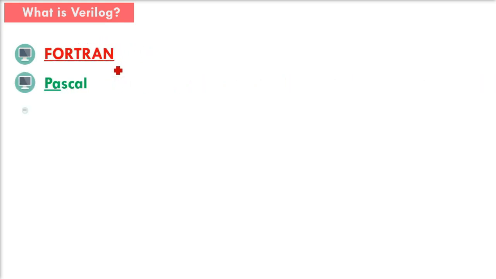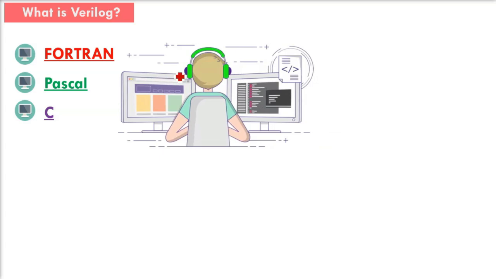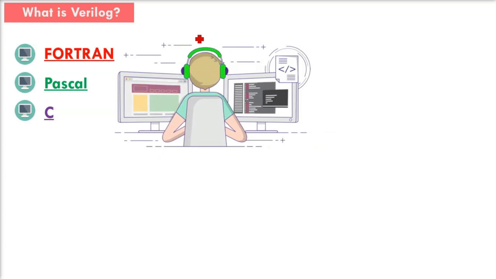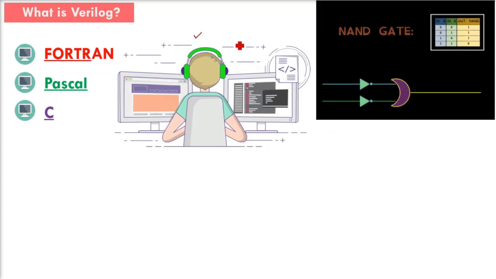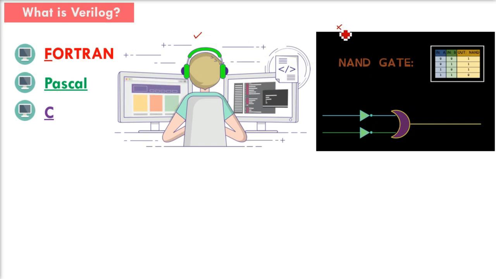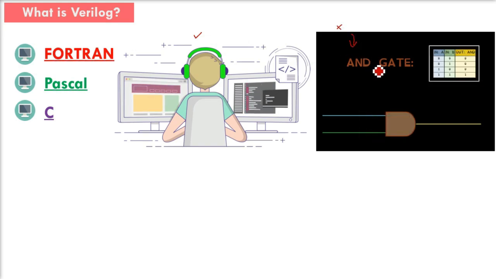For a long time, computer programming languages like Fortran, Pascal, and C were used to describe computer programs. But there isn't any language to describe the digital circuits.